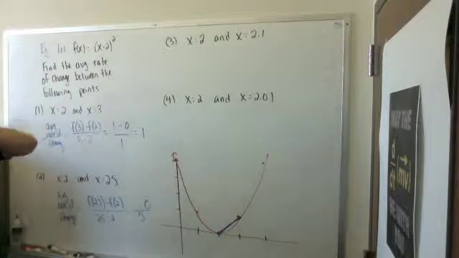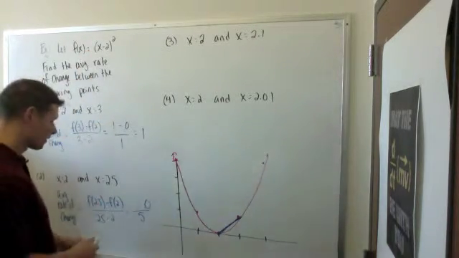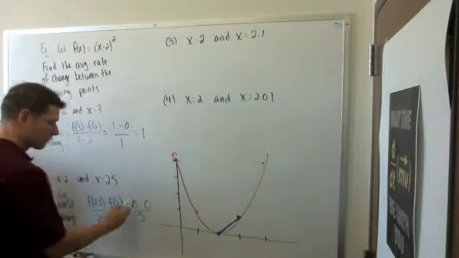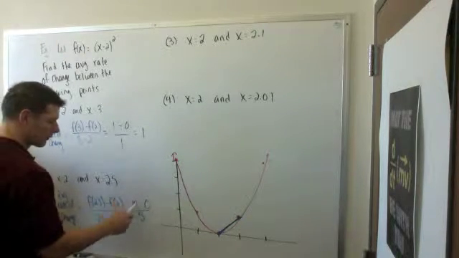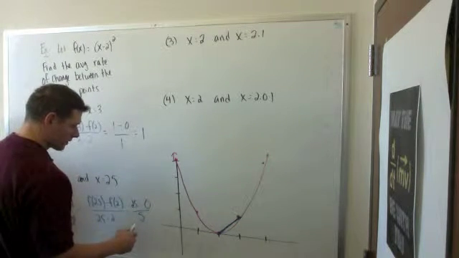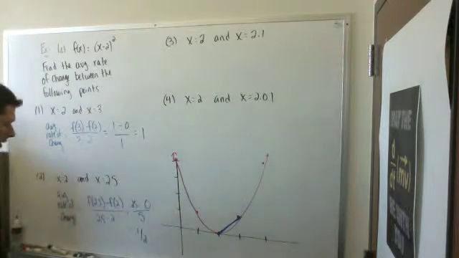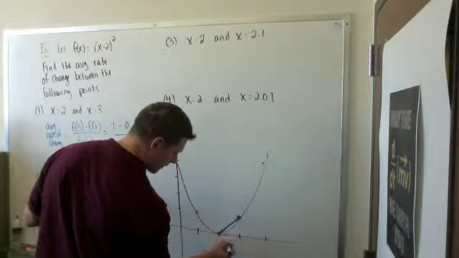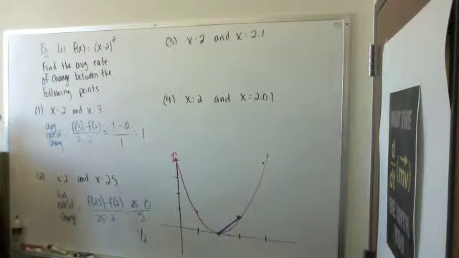So 2.5 minus 2 is 0.5, so it's 1 half. 1 half squared is 1/4, or 0.25. And if I do 0.25 minus 0 divided by 0.5, it turns out to be 1/4 divided by 1/2, which is 1/4 times 2, so that's 1/2. So that is the slope of the secant line between here and 2.5.